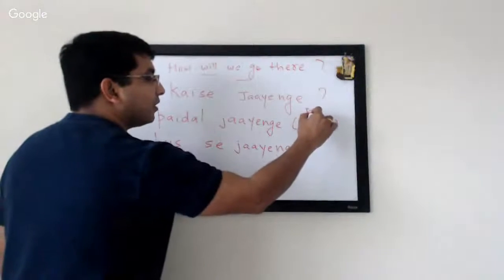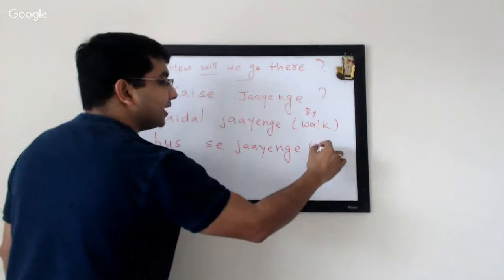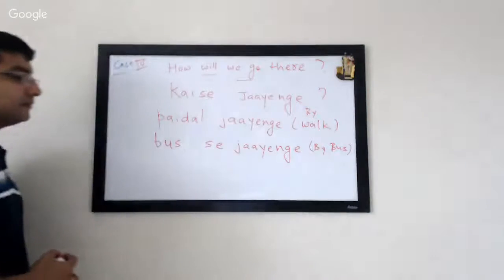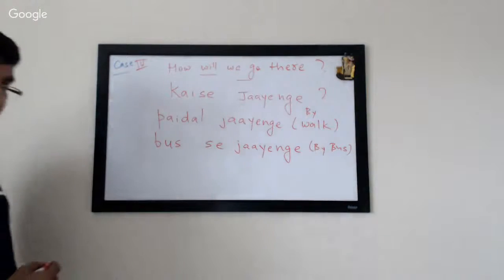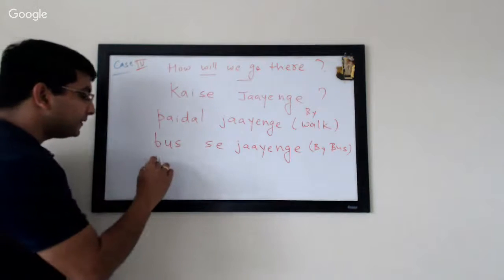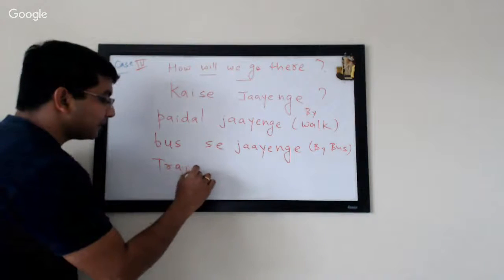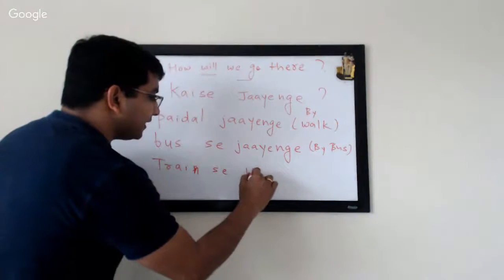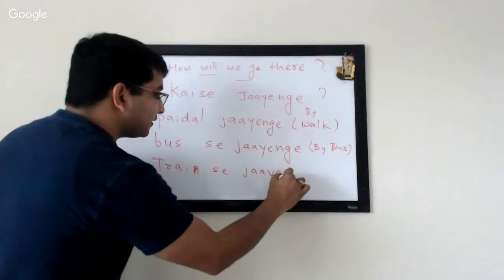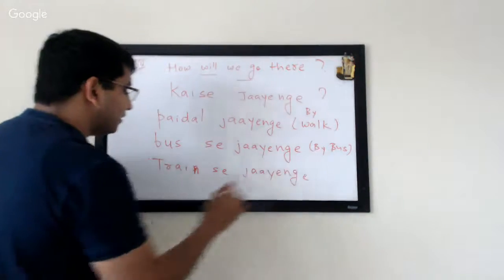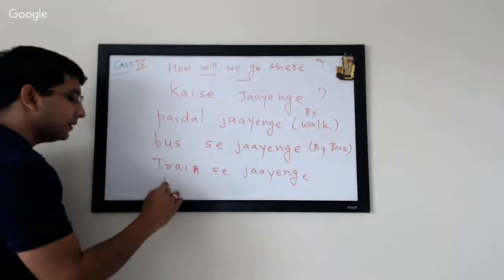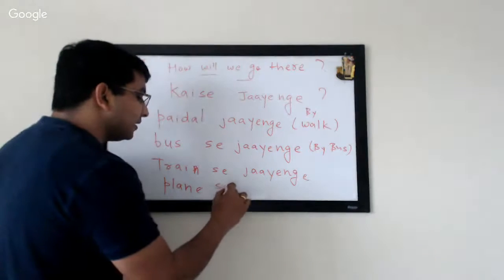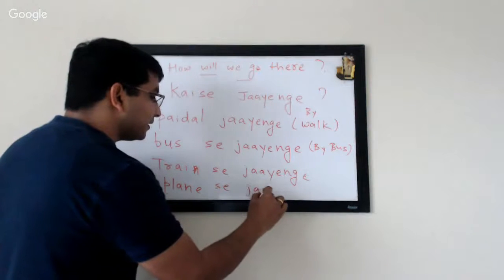So it's by walk, this is by bus. Okay. Or you can say हम वहाँ ट्रेन से जाएंगे. We'll go there by train. और हम वहाँ प्लेन से और हवाई जहाज से जाएंगे.